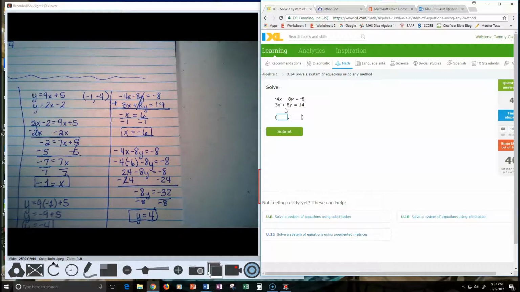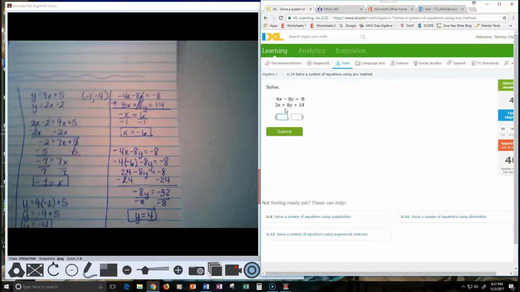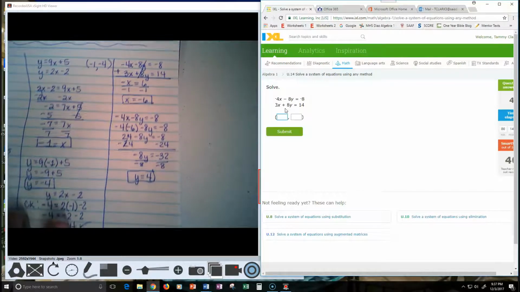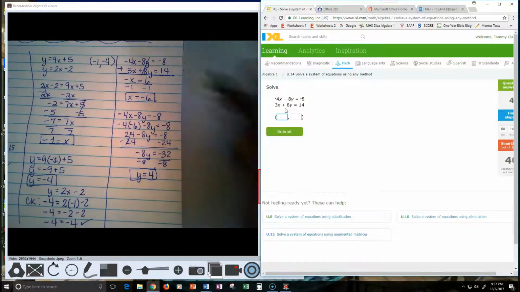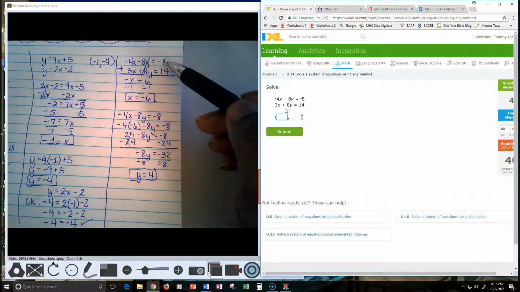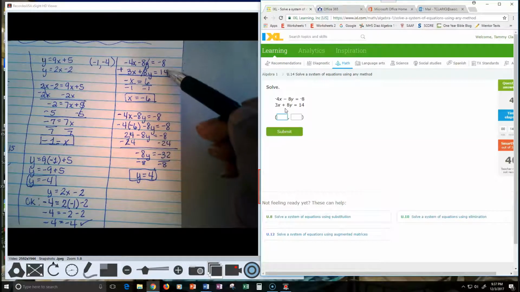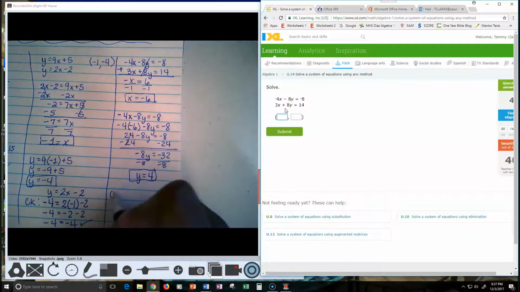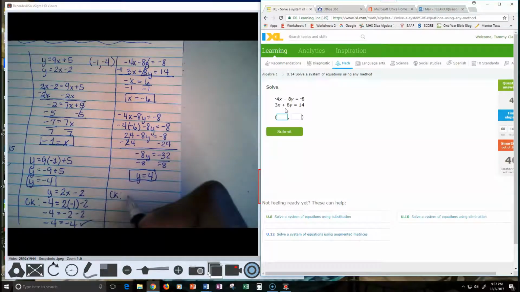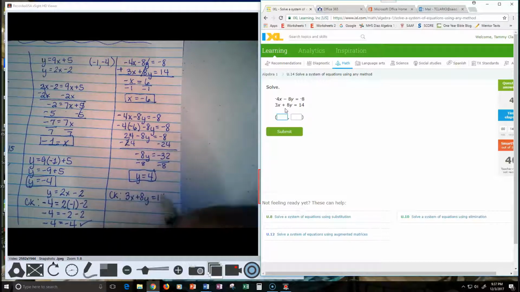Let's go ahead and check it. We'll put our answer in and hopefully we are right. Since I used equation 1 to find y, I'm going to use equation 2 to check. So I have 3x plus 8y is equal to 14. 3 multiplied by negative 6 plus 8 times 4 equals 14.